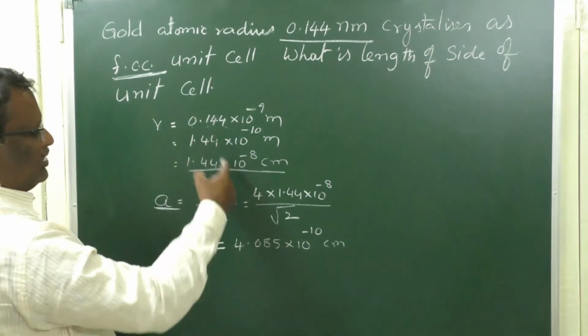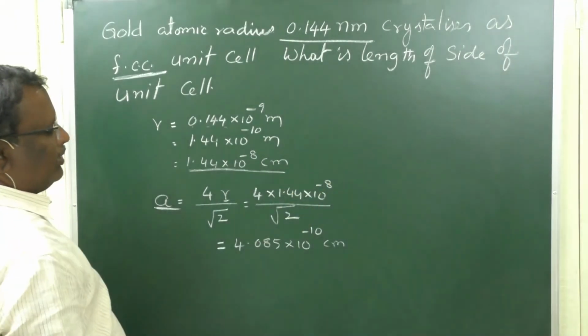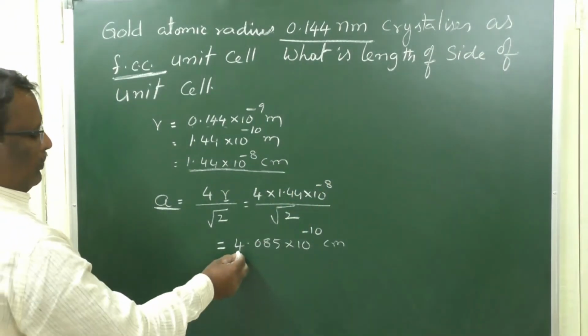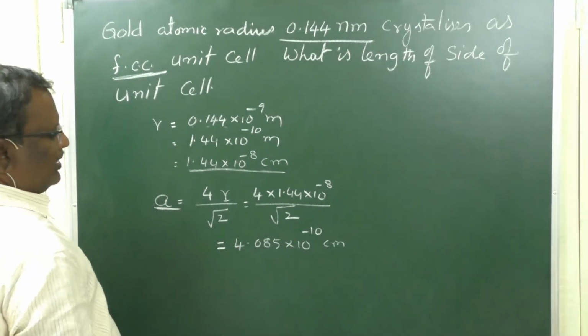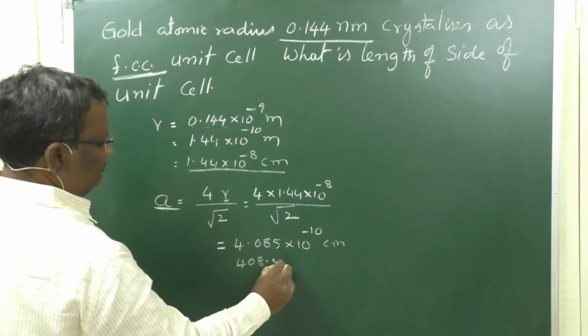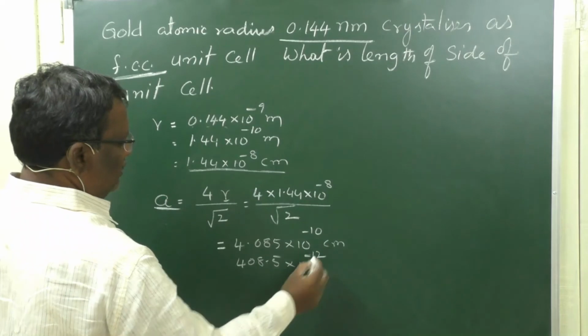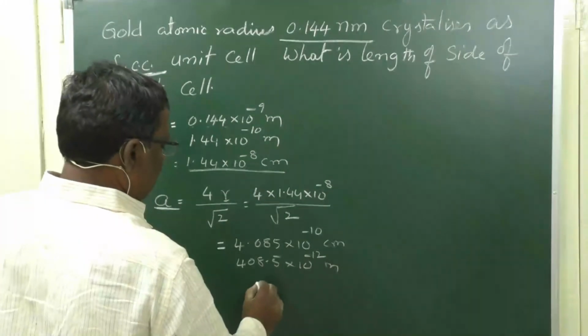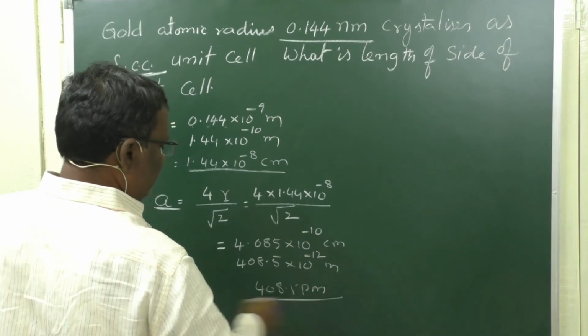On simplifying, 4 into 1.44 into 10 to the power minus 8 by root 2 gives 4.085 into 10 to the power minus 10 centimeters, or 408.5 into 10 to the power minus 12 meters, or 408.5 picometers.